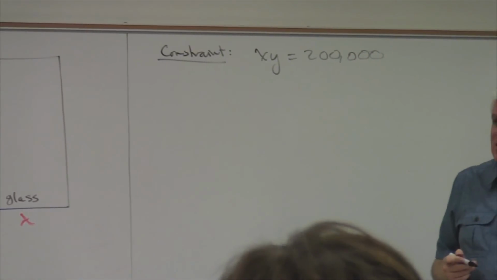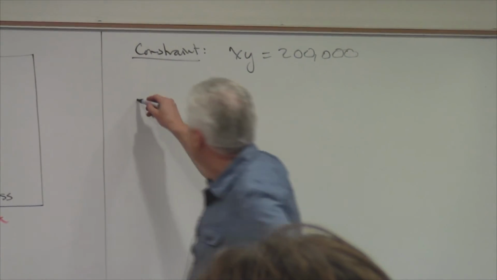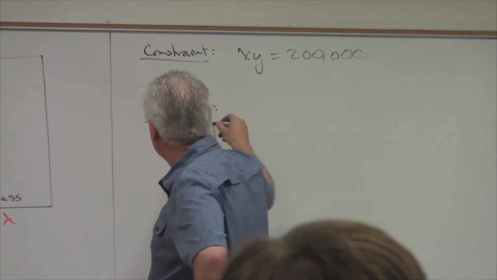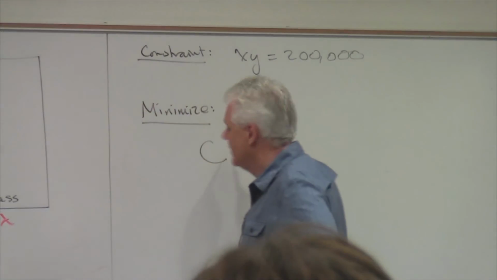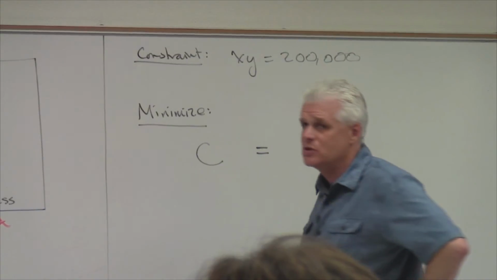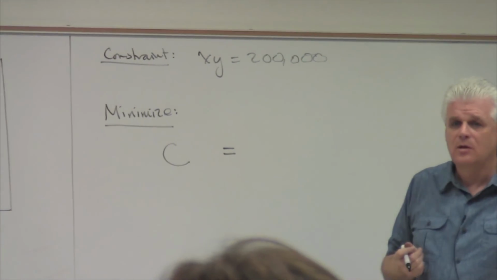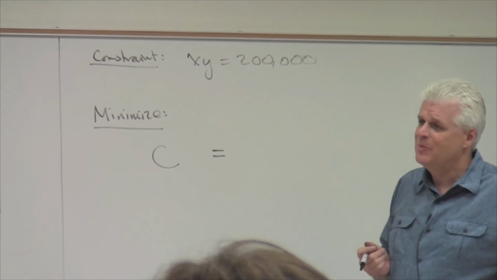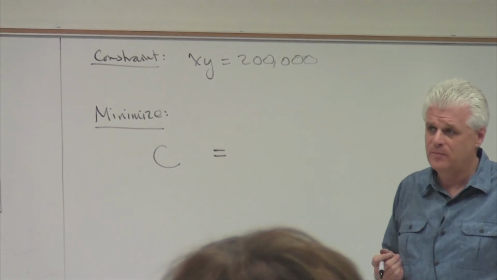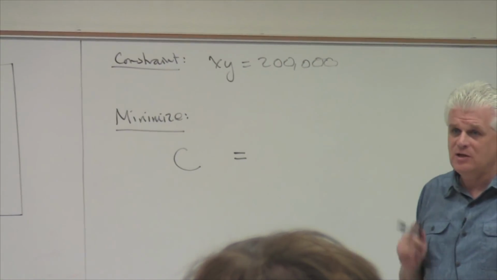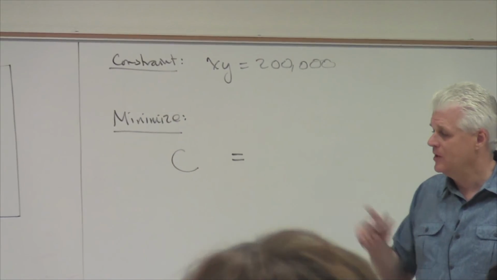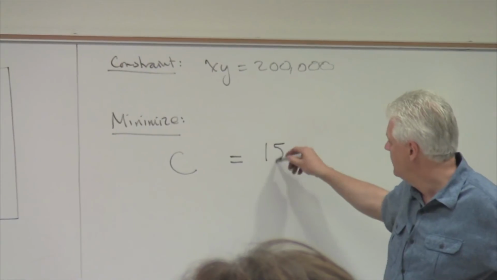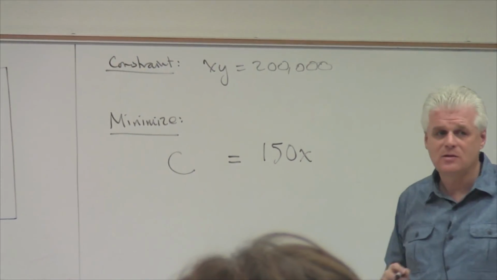Now, the thing we minimize is the cost. So we need to minimize, and since it's cost, I'll call it C. And C comes in 2 parts. The glass and the cinder block. Okay? So how much am I going to be paying to build that glass wall? 150 times every foot. And how many feet is it? X feet. So it's going to cost me 150X.